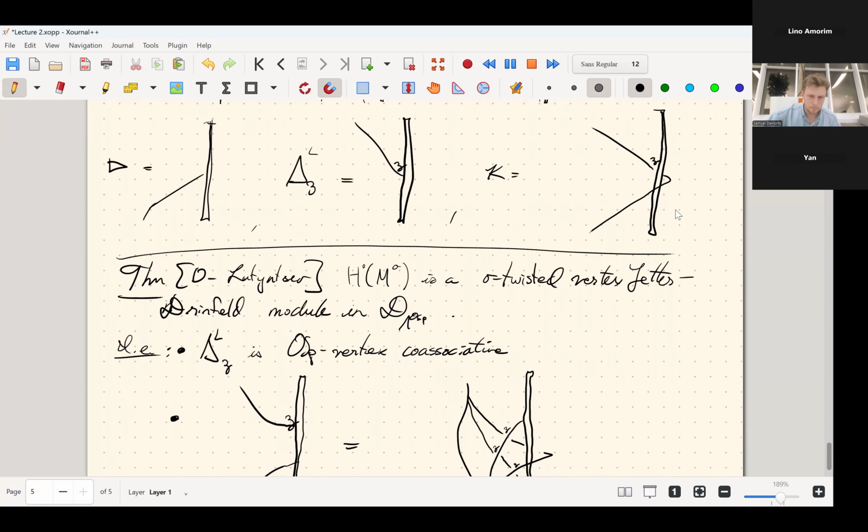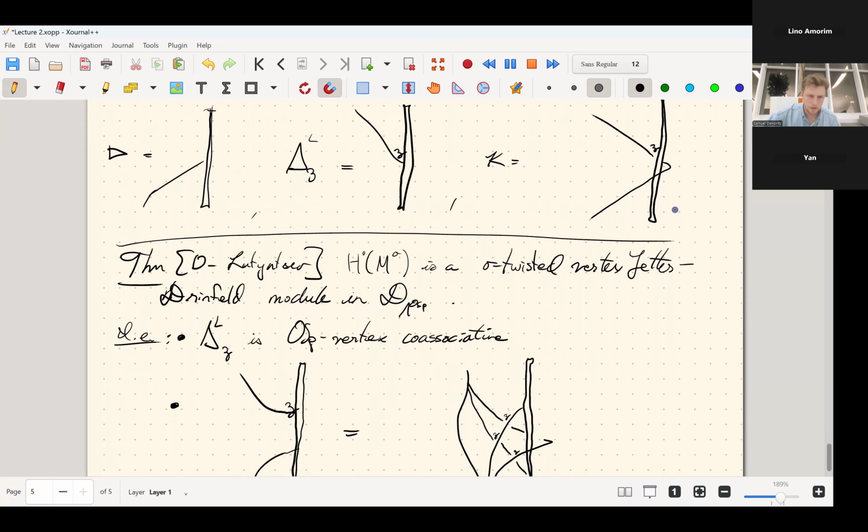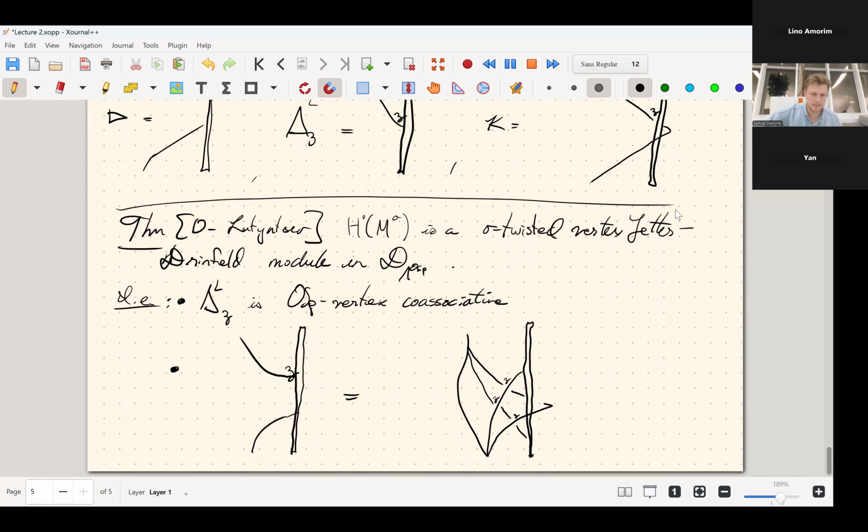What is a Jeter-Drinfeld module? That's this second axiom. There's two pieces of data. One is a funny version of being vertex coassociative. We'll talk about the details of what this means next time, but it's somehow an Orientifold version.